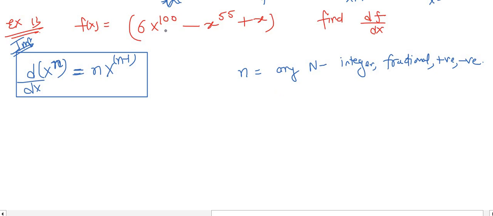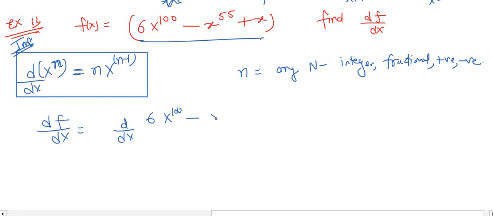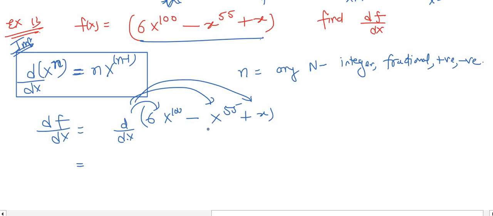Okay, so let's apply here. So df by dx will be d by dx of this entire thing, which is 6x raised to power 100 minus x raised to power 55 plus x. Remember, this derivative goes to all three terms. So this is your very first example. Watch it carefully. Okay.